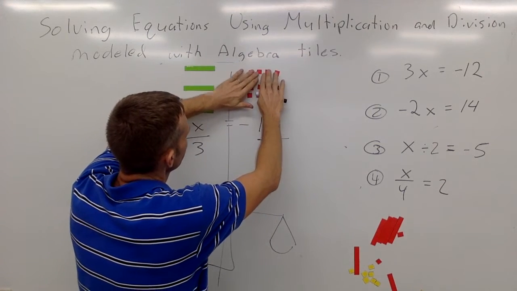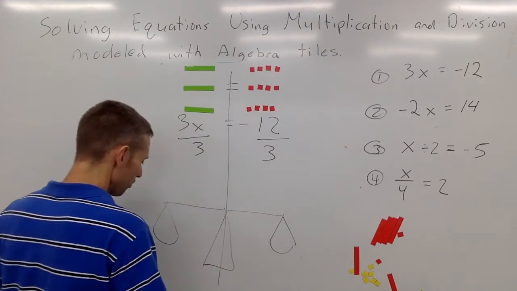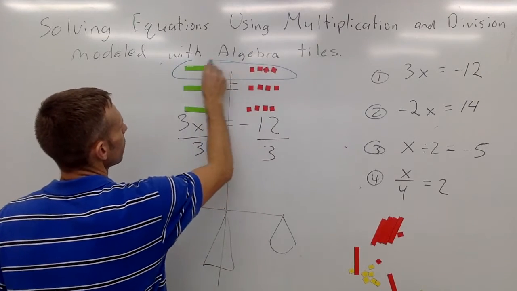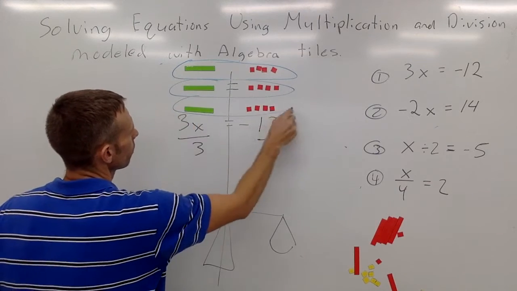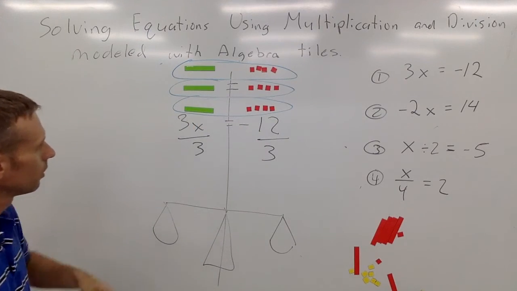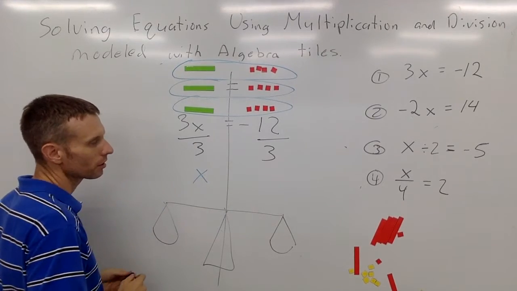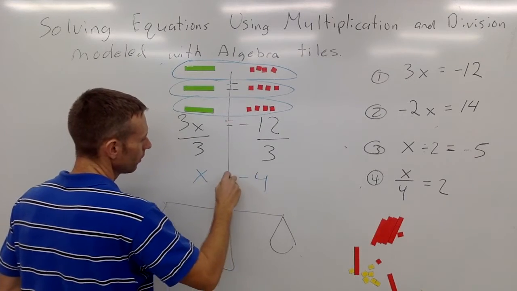And when negative 12 gets divided by 3, we can separate it like that. So now we have 1/3, 1/3, 1/3 of the original 3x. So 1/3 of that gives us a normal positive x. And over here would be negative 4.